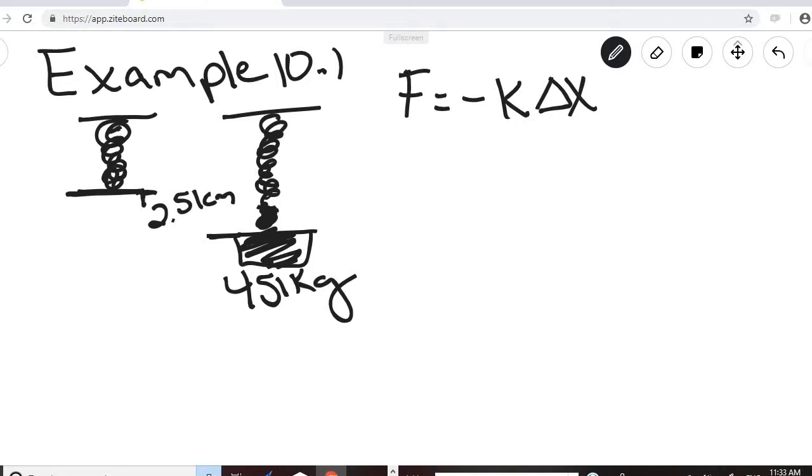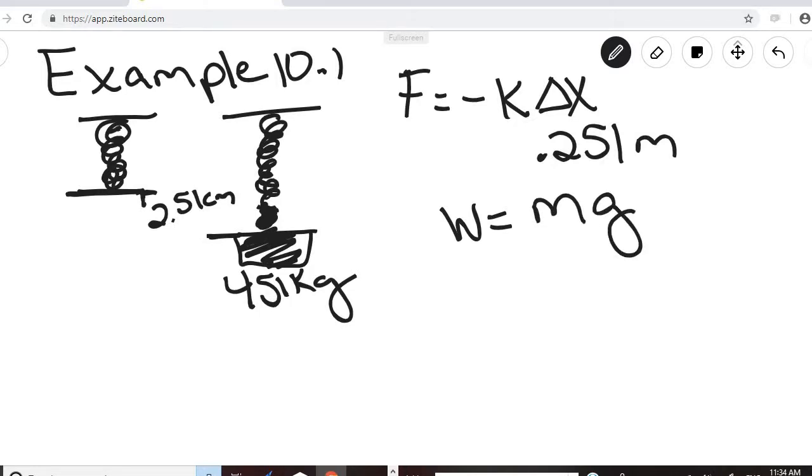So we know that delta X is 2.51 centimeters, but we typically use our units in meters, so we're going to put that in as 0.0251 meters. Okay, so then let's look at force.